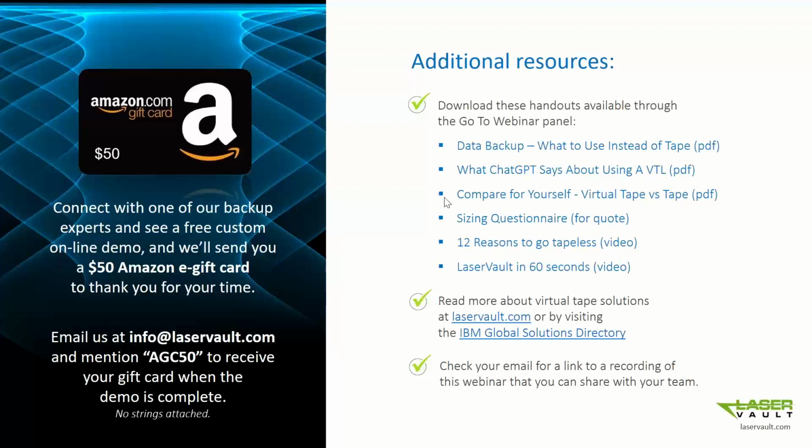There are a lot of backup solutions on the market today that, if they don't work with the IBM i solution because they're open systems backup solutions, we have many customers that use LaserVault to back up to those deduplication systems.